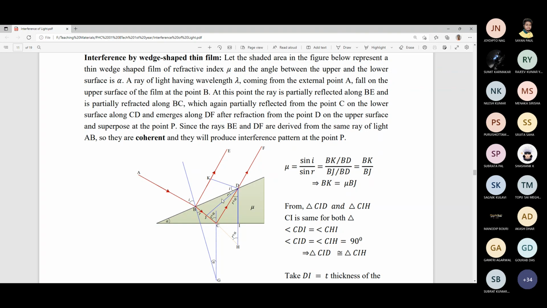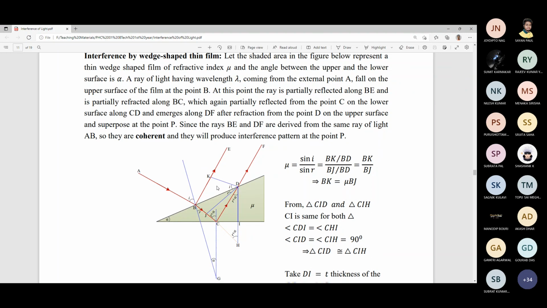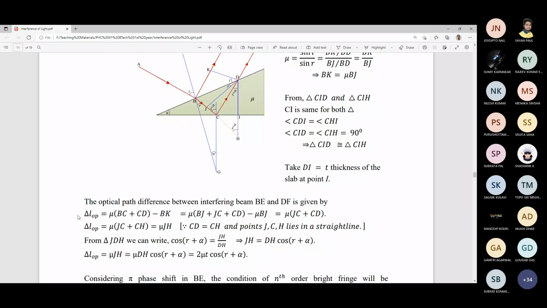The path difference is BC plus CD within this material, multiplied by mu, that is mu into (BC plus CD) minus BK. Point is clear? This is the optical path difference.